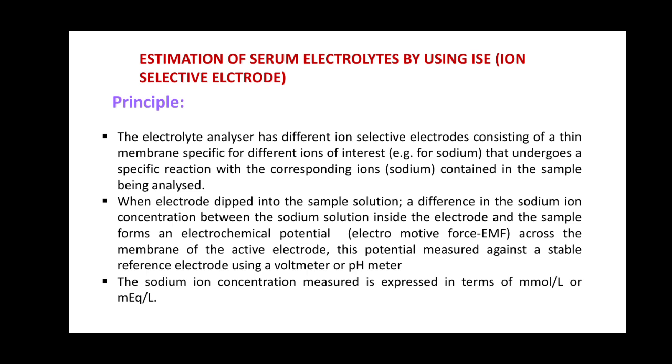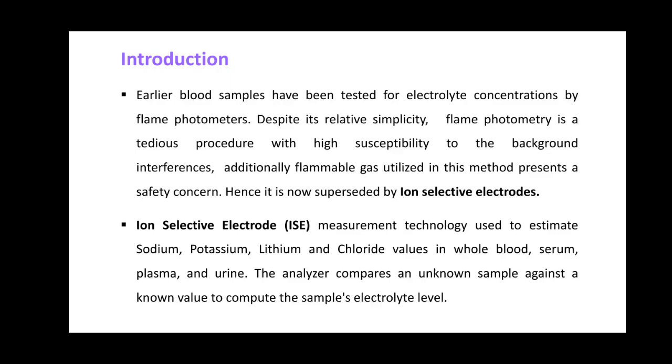This potential is measured against a stable reference electrode using a voltmeter or pH meter. So the electrochemical potential formed will be measured against the reference electrode which is present in the instrument, and the sodium ion concentration measured is expressed in millimole per liter or milliequivalent per liter.